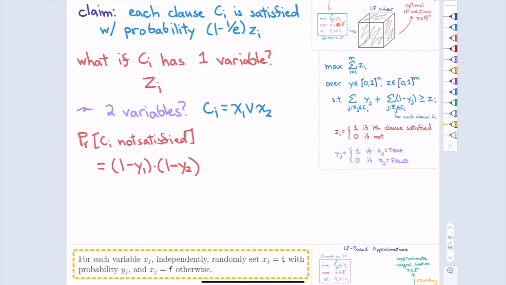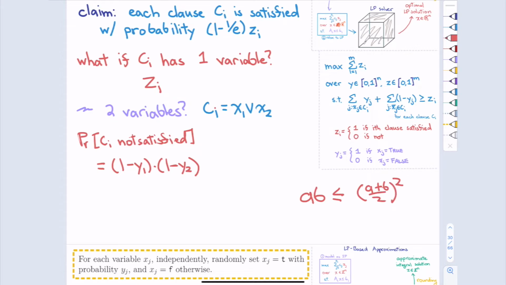Does anyone have any tricks for bounding the product of two non-negative variables? AM-GM. AM-GM has to do with, say, you have some fence and you want to cover the most area. What would AM-GM actually be? A times B is less than or equal to (A plus B over 2) squared.